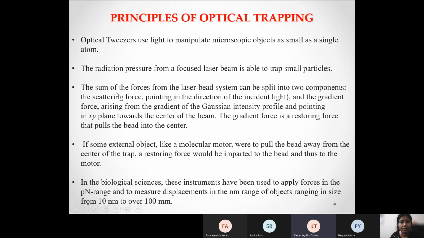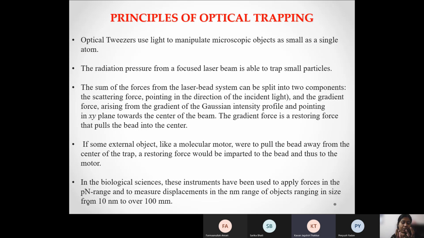And we have seen the sum of forces from the laser-bead system can be split into two components. One is the scattering force, pointing in the direction of the incident light. So one that I said is that when light hits these beads, you would have some amount of scattering, right?